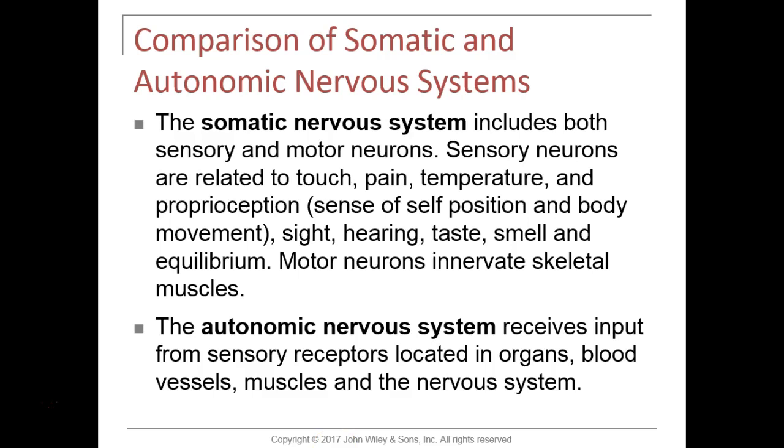I know I put muscle there, but that would be smooth muscle, or cardiac muscle, like in your heart, and the nervous system. So the autonomic nervous system is actually involved with regulating reflexes to control physiology of unconsciously perceived sensory input. And we're going to talk about some of that.